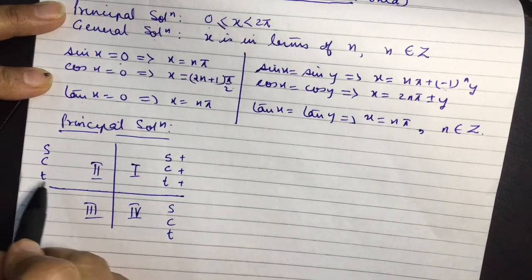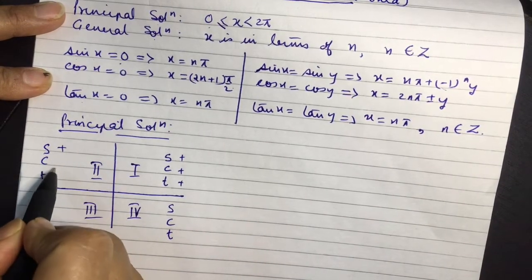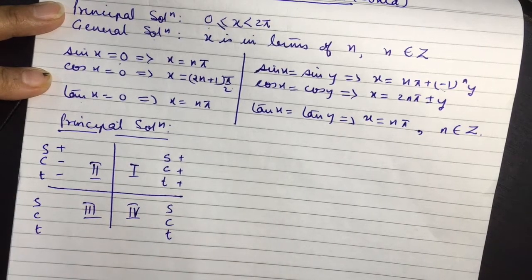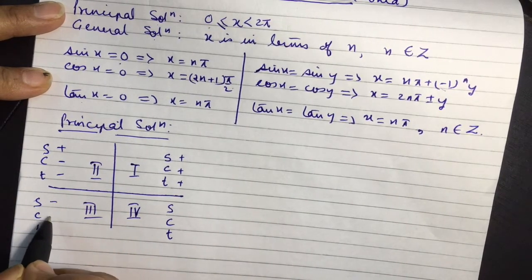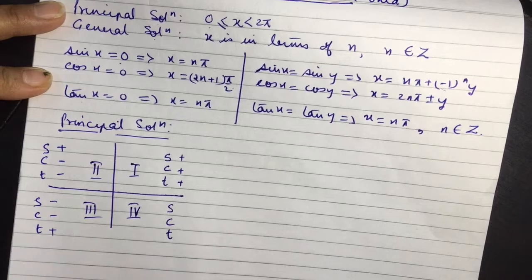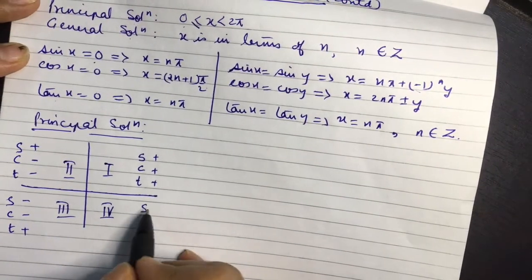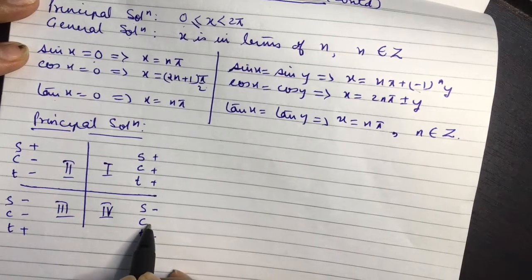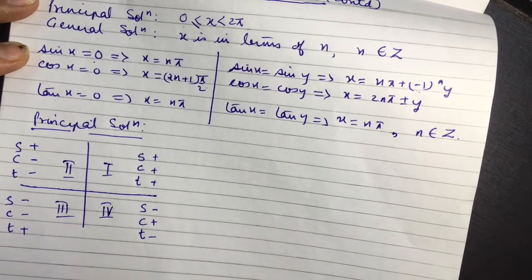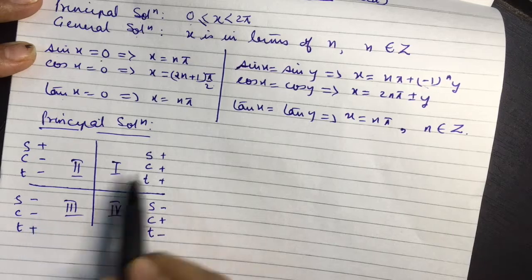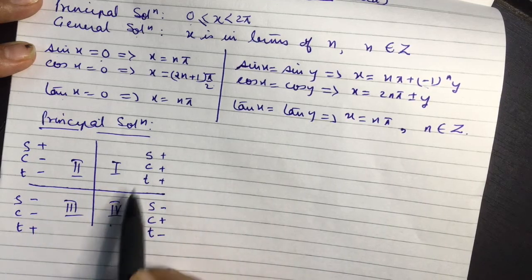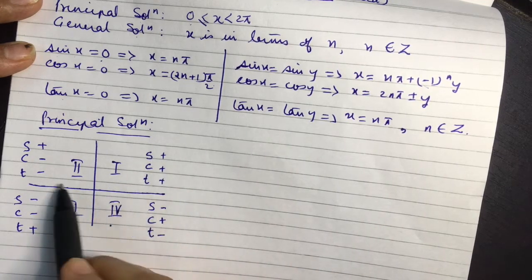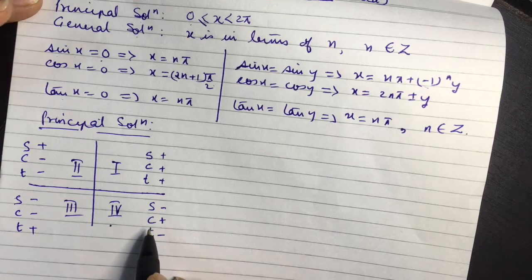Now in the second quadrant, we know that sine is positive but both cos and tan are negative. In the third quadrant, sine and cos are both negative but tan is positive. And in the fourth quadrant, sine is negative and tan is negative but cos is positive. So as you can clearly see, every trigonometric function is positive in 2 quadrants and negative in 2 quadrants.